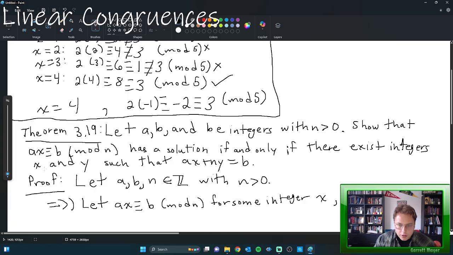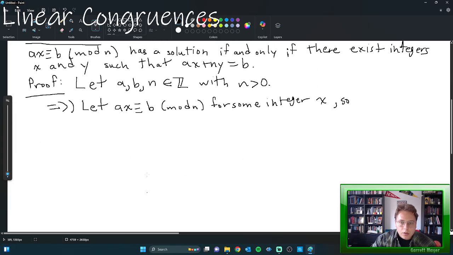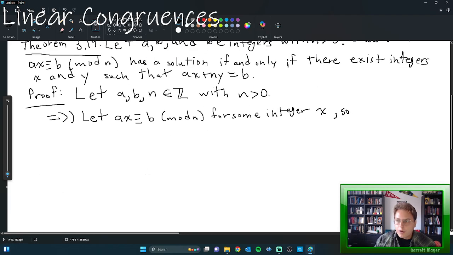So by the definition of congruence, ax minus b equals nc for some integer c.